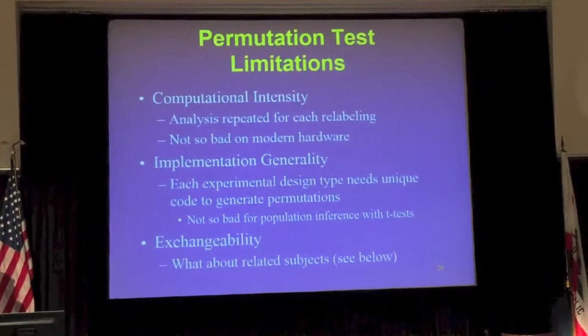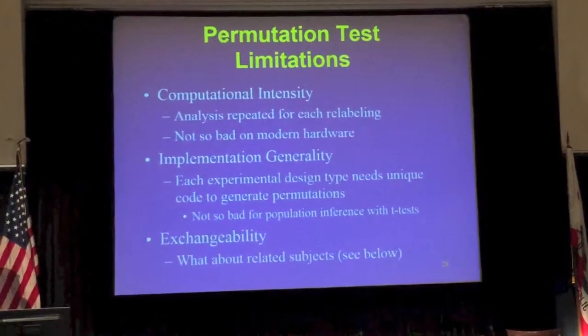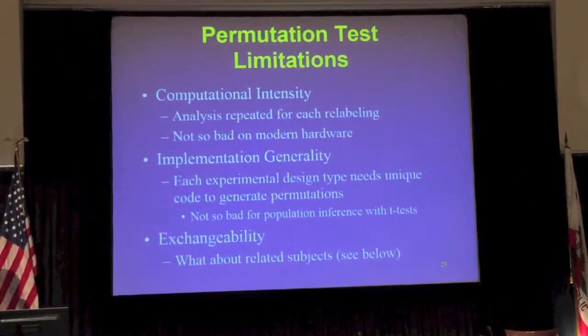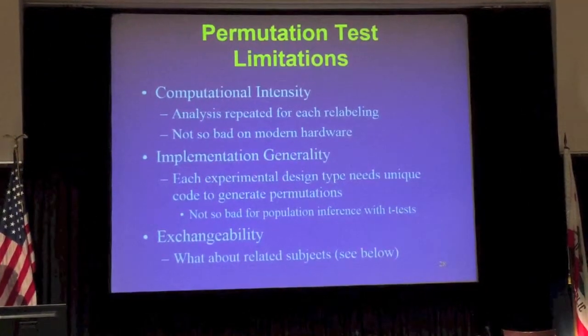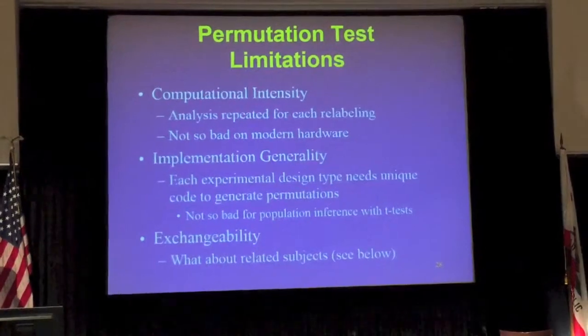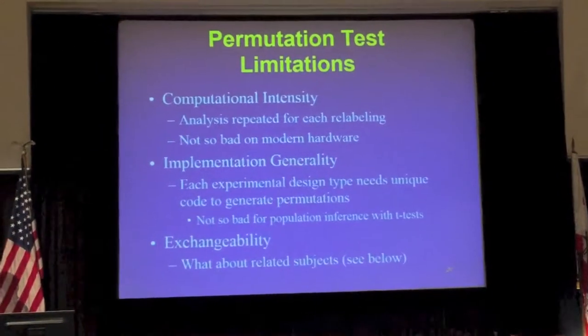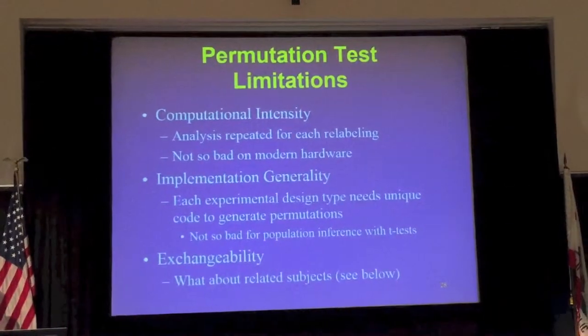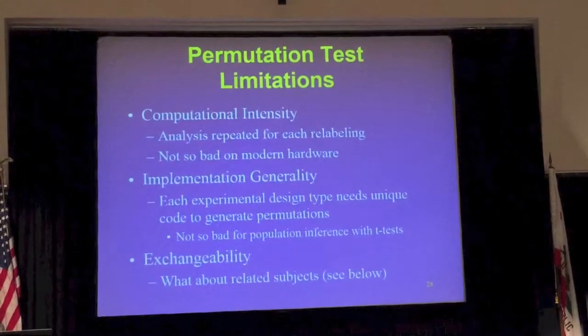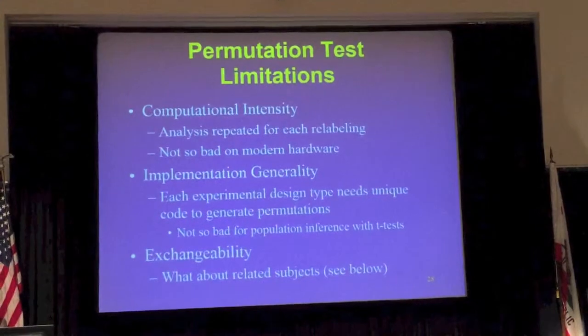The limitation of permutation testing is computational intensity. The basic analysis has to be repeated several thousand times, but that's alleviated by the very high-performance modern hardware we have.